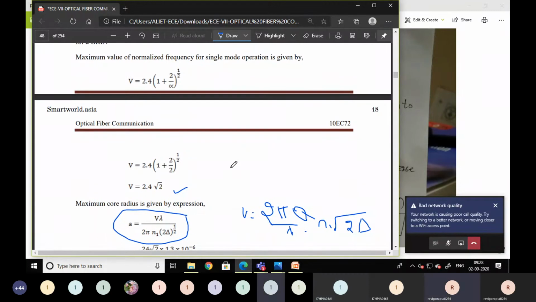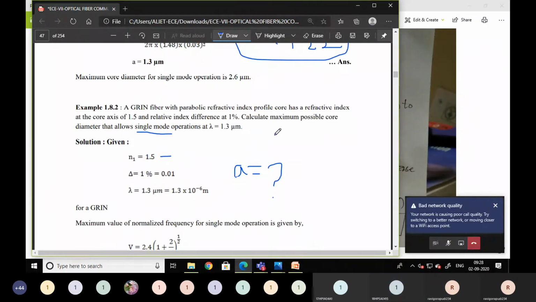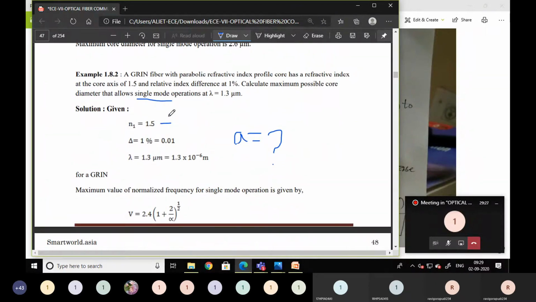What is the 3.3? Maximum possible core diameter. 3.3 is a core diameter.